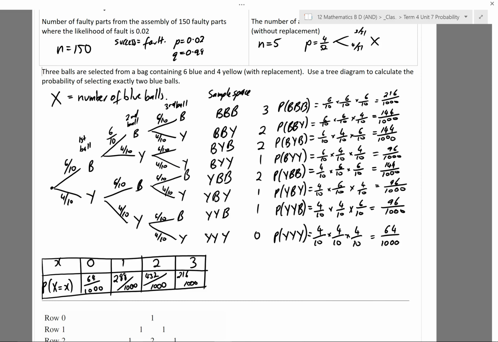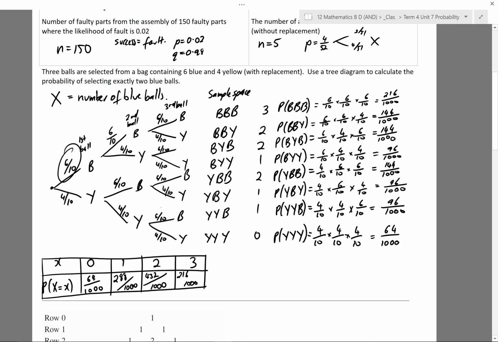So I've actually done binomial probability already, but just under a different name, just using tree diagrams. So if you recall the scenario with the 3 balls taken from a bag containing 6 blue and 4 yellow with replacement. With replacement is crucial here because that means that these probabilities stay constant all the way through.